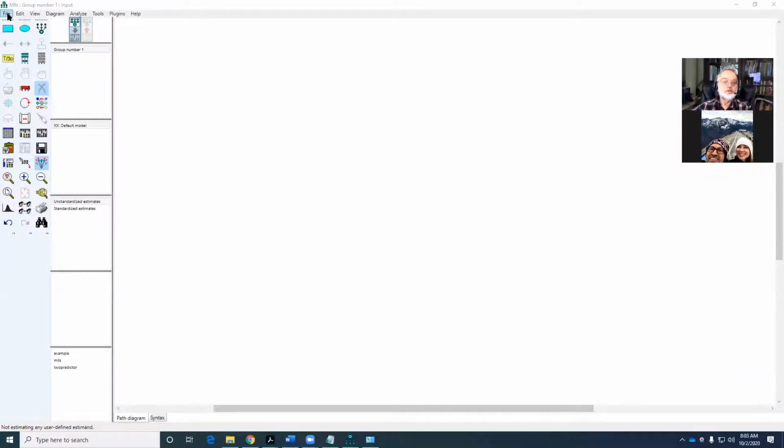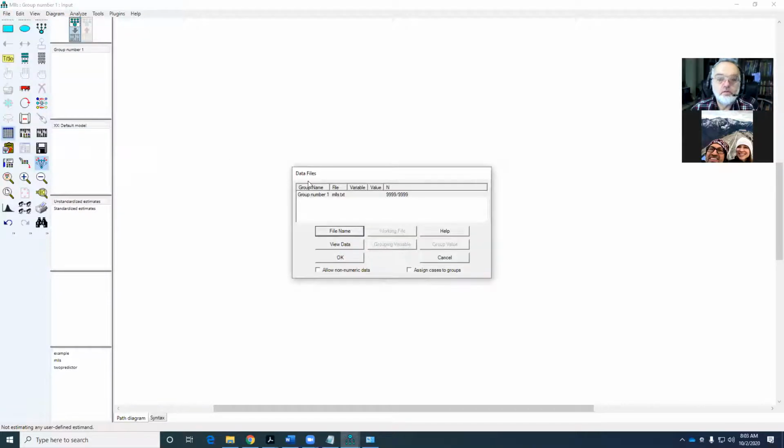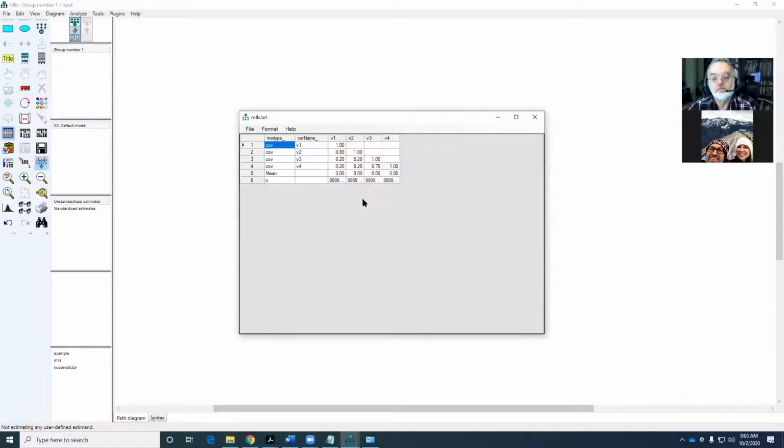So if we're taking a look at a data set that has the four variables that are presented in the chapter, this is what the correlation matrix looks like.